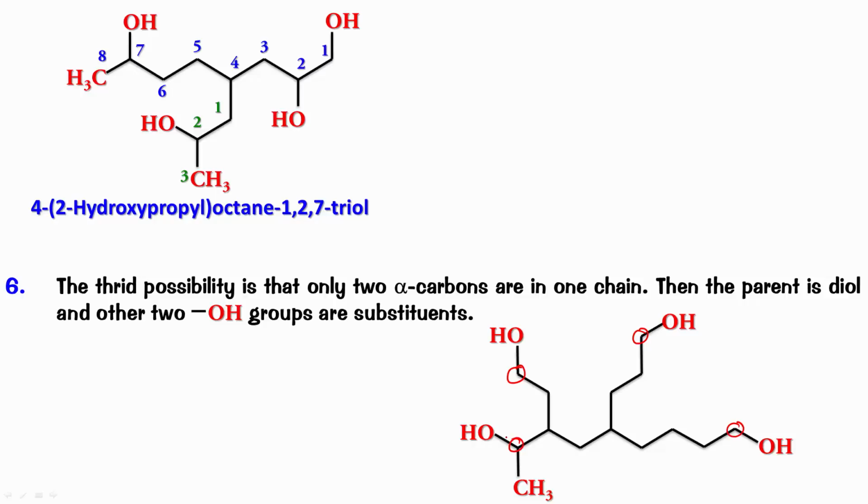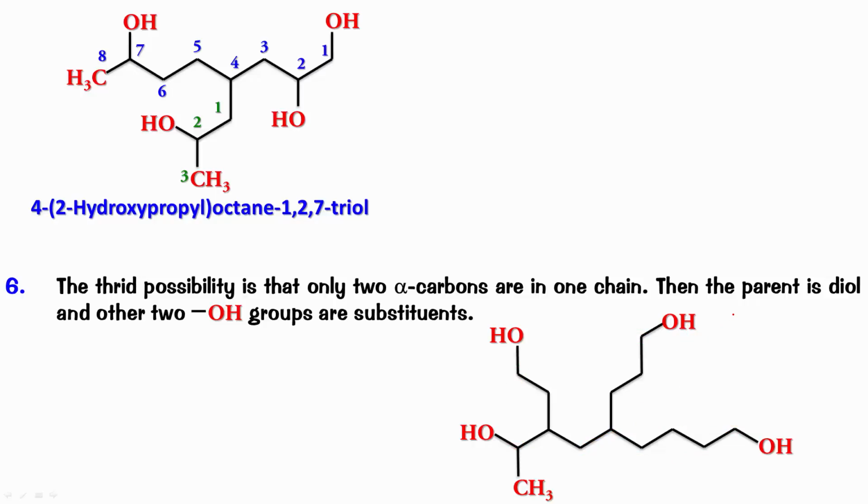Notice that no 3 alpha carbons are in one chain. Go like this, 2. Go like this, 2, go like this, 2. So only 2 carbons are in one chain.